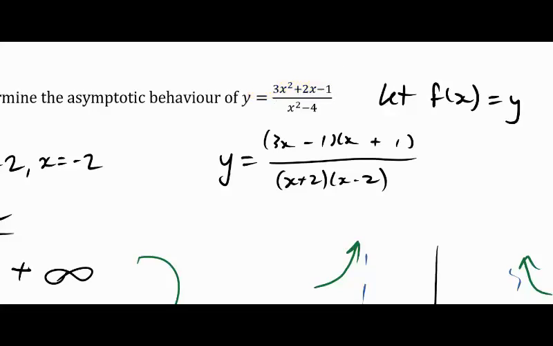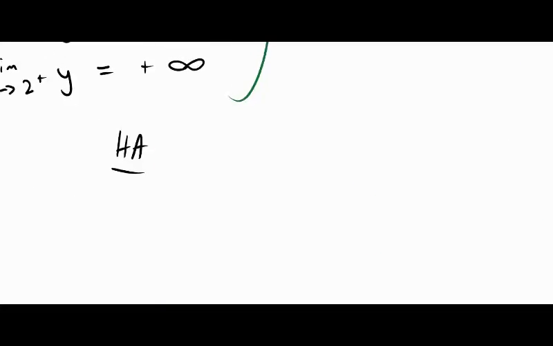But otherwise, if they're not in the same order, you've got to rewrite them. It's the coefficient of the highest degree term on top over the highest degree term on the bottom. And they are the same degree. So degree 2 over degree 2, which is 3 over 1. So our horizontal asymptote is y equals 3.